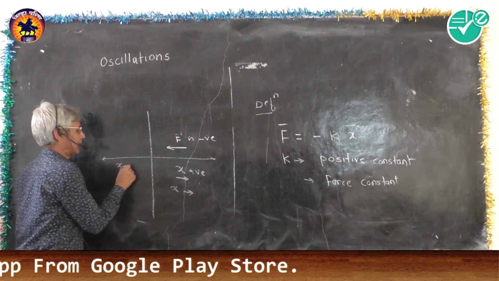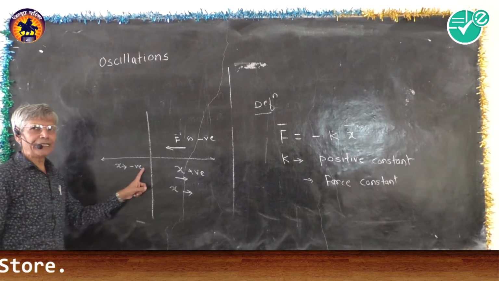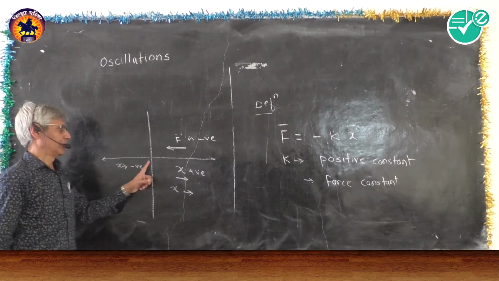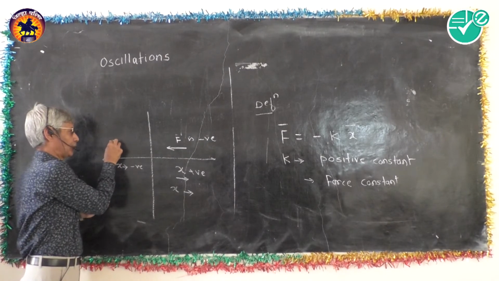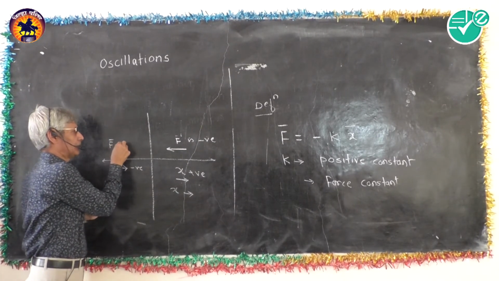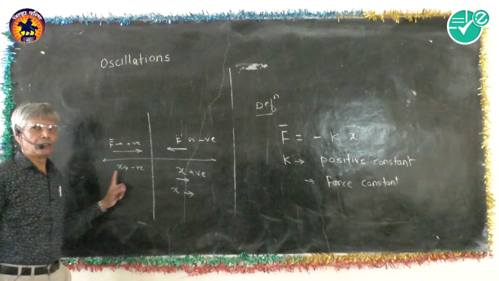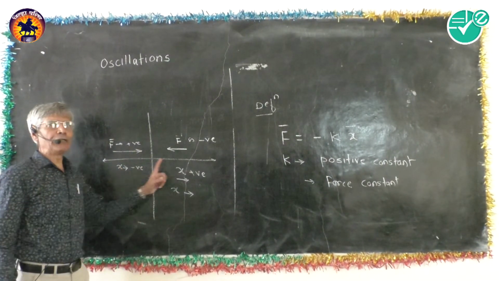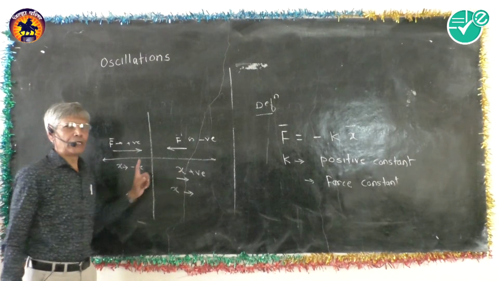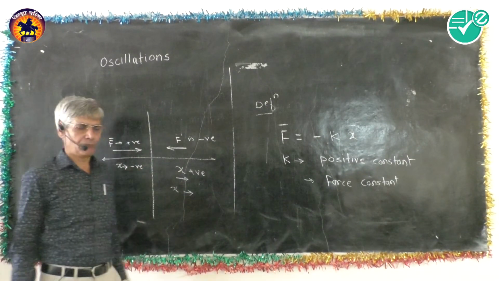When x is negative, that is the particle is moving towards the negative extreme from the mean position, the restoring force acting on the particle is positive, which is directed towards the mean position. So whatever may be the position of the particle during the path, the restoring force acting on the particle is always directed towards the mean position.